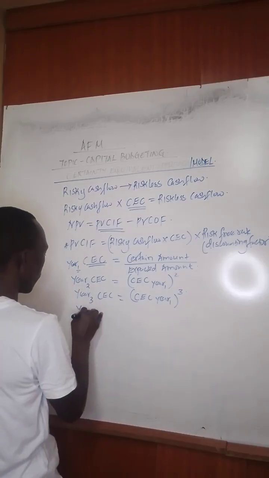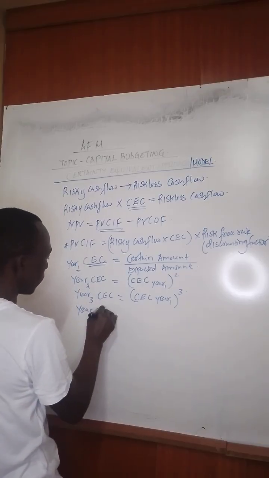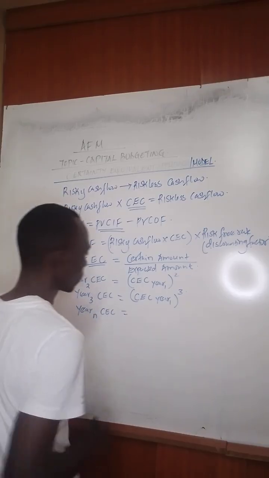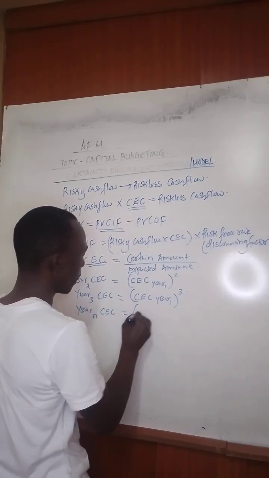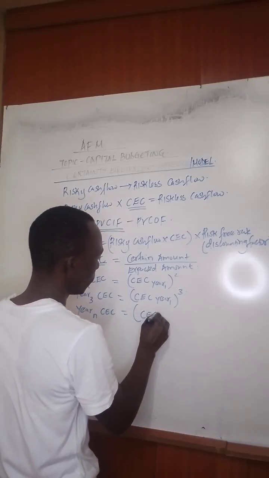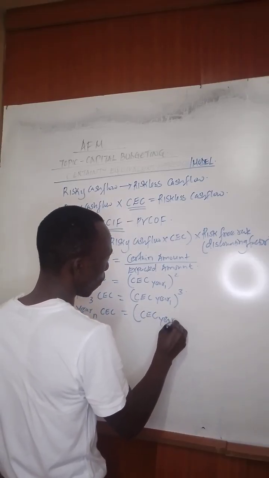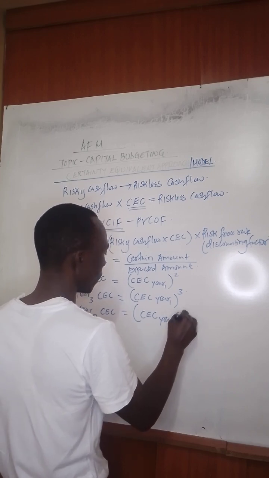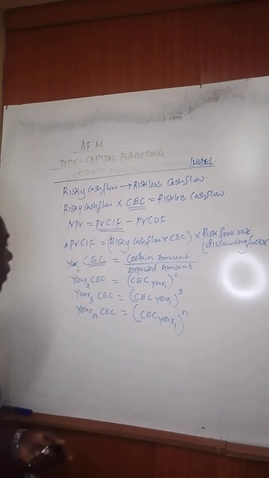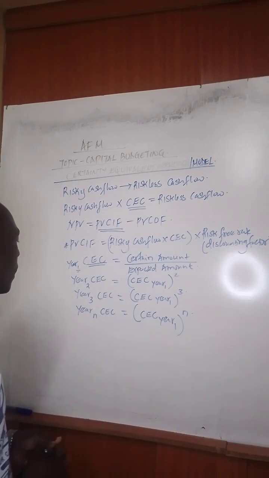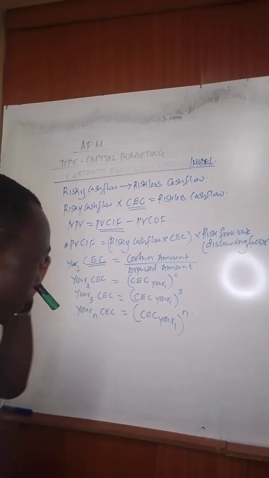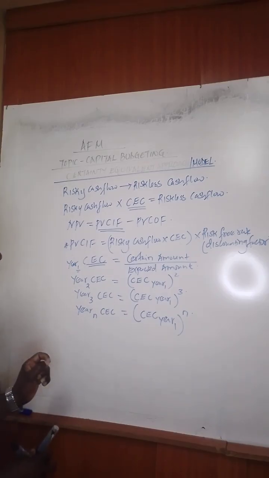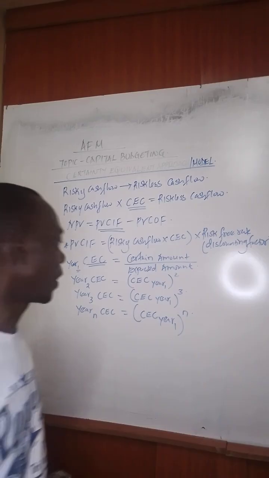For year n, the CEC is the CEC in year 1 raised to power n. That's how you arrive at the certainty equivalent coefficient in case it is not provided.